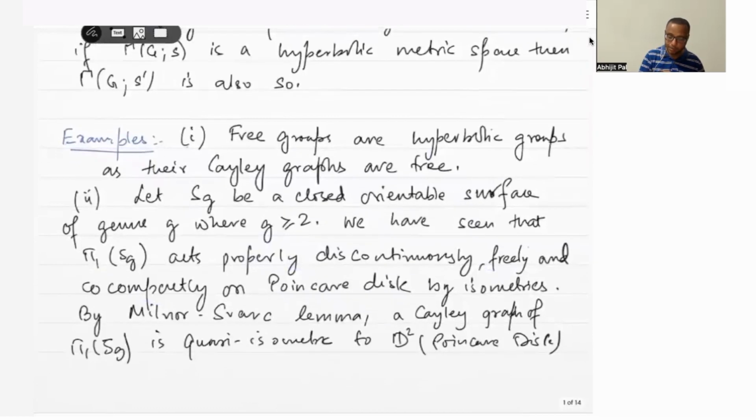Now by the Milnor-Schwarz lemma, if I take a Cayley graph of this fundamental group with respect to some finite generating set, this will be quasi-isometric to the Poincare disk. The Poincare disk is a hyperbolic metric space, and hyperbolicity is a quasi-isometric invariant. Therefore, this Cayley graph of the fundamental group will be a hyperbolic metric space. So the fundamental group of a genus g surface, where g is greater than or equal to 2, is a hyperbolic group.